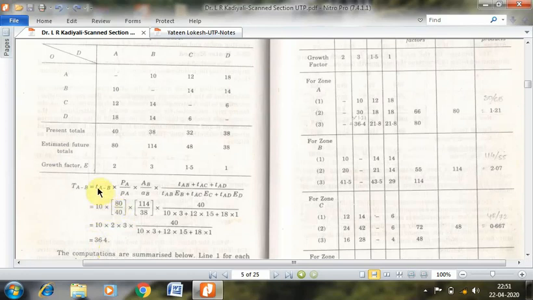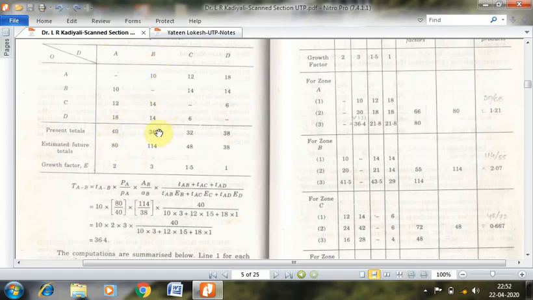Now let us see what elements are being substituted in this equation. The present number of trips between A and B, look into the matrix. A and B is 10. So that is 10 there. And then capital PA and small pa. Capital PA is this, small pa is this. Destination, this is the origin.